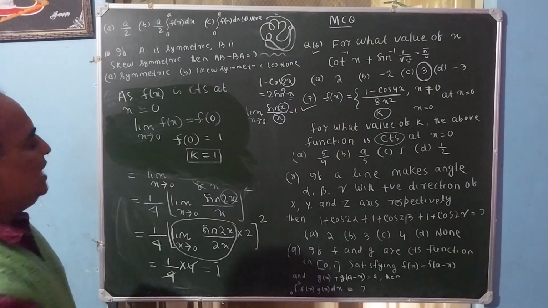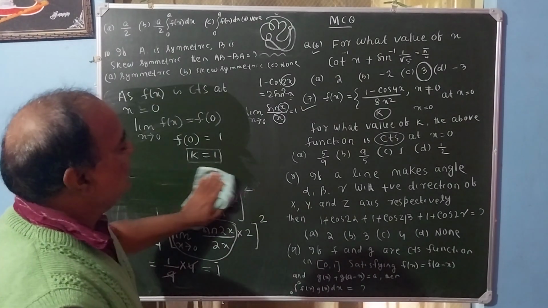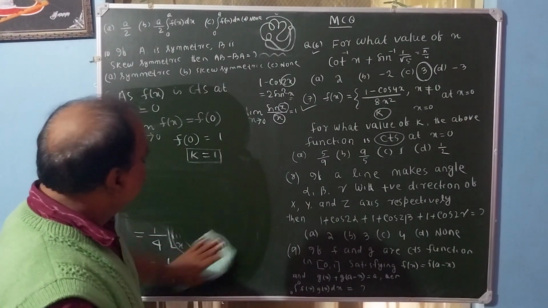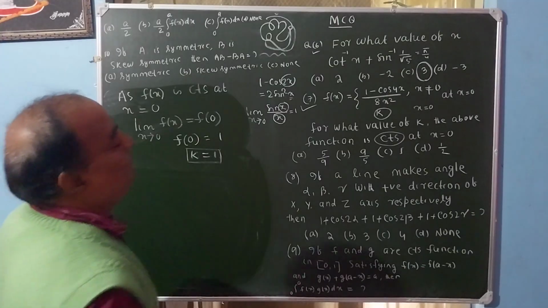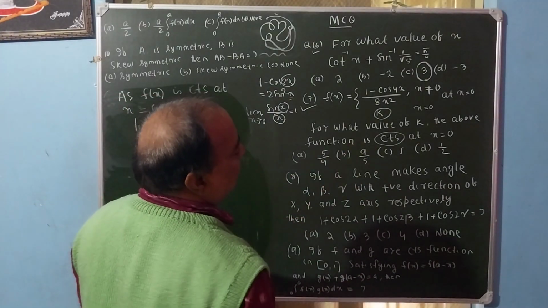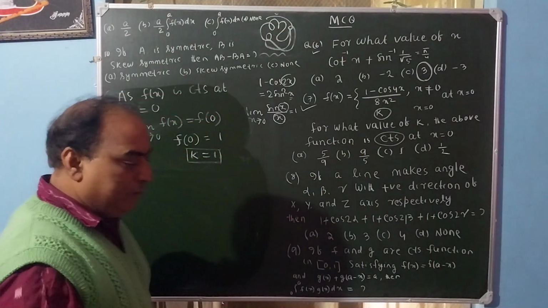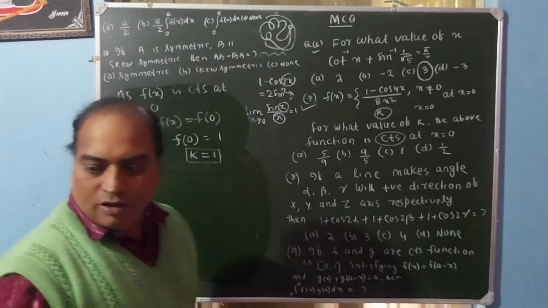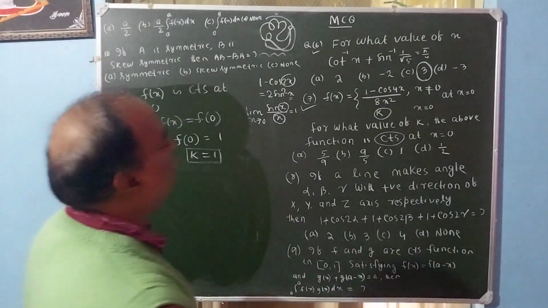So there is the answer. What is the answer? The options are 5 by 9, 9 by 5, 1 and 1 by 2. So the correct answer is 1.